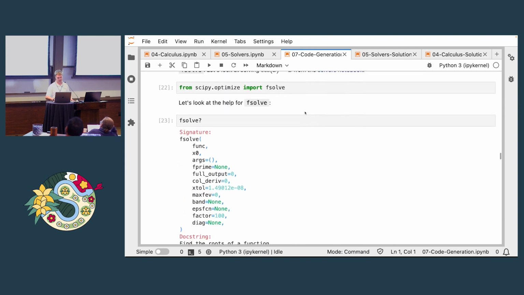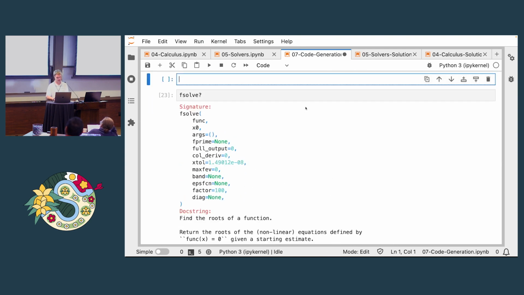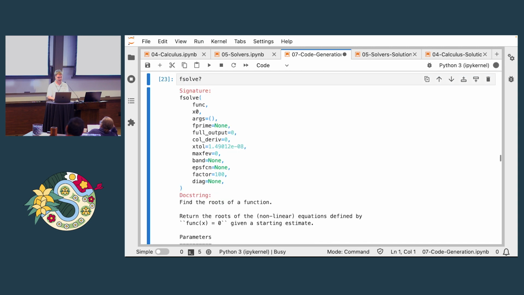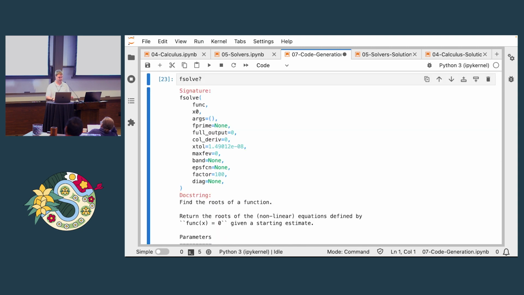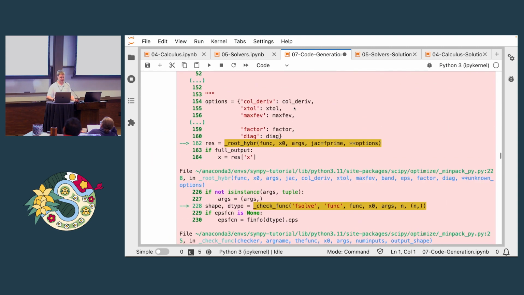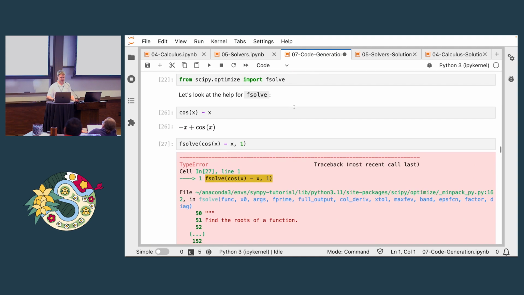If I have this SymPy expression, cosine of x minus x, and I try to pass that to fsolve, it's not going to like this. It's going to say, what the heck is this? Because SciPy and NumPy do not know anything about SymPy.